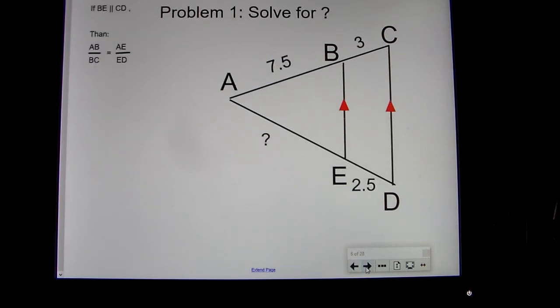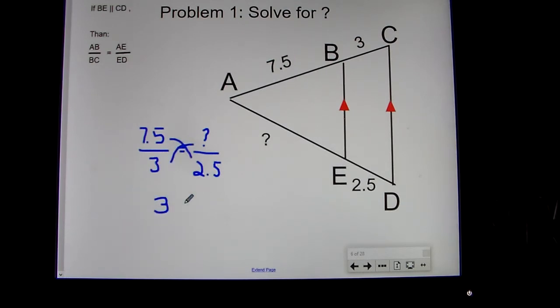Now let's practice that concept a little bit. If I have this triangle here, AB is 7.5, so we say 7.5 divided by BC is equal to AE divided by ED. And when we have that, we then cross multiply.